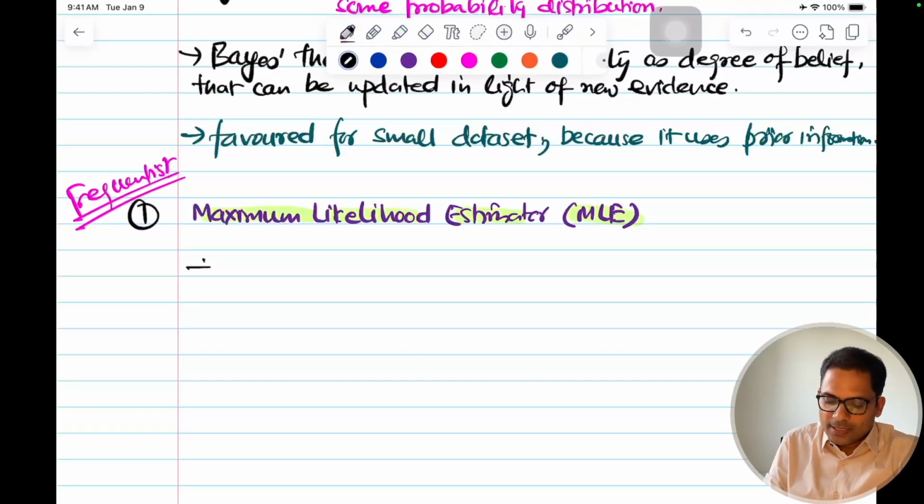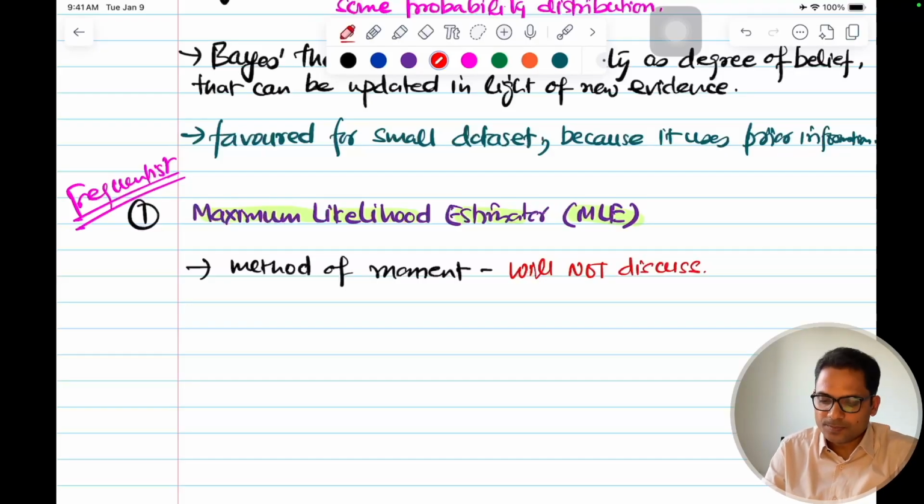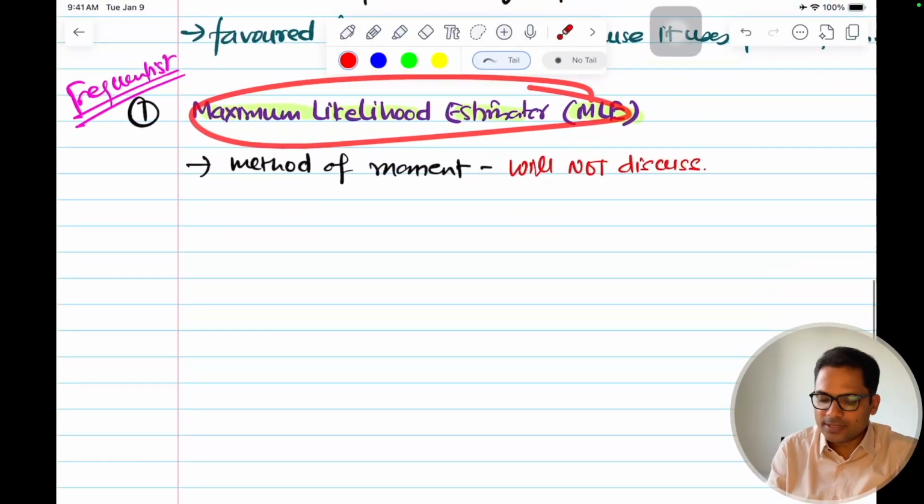The other one I mentioned is the method of moments. This I'll not discuss, but it is on similar lines as I mentioned earlier. Now let's focus on the maximum likelihood estimator. This is a frequentist approach, and this is the most popular.